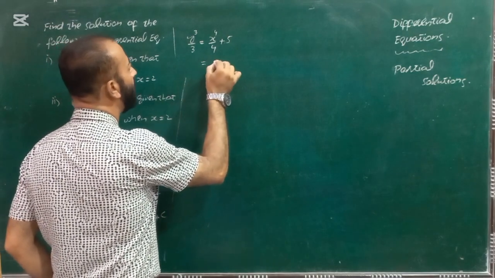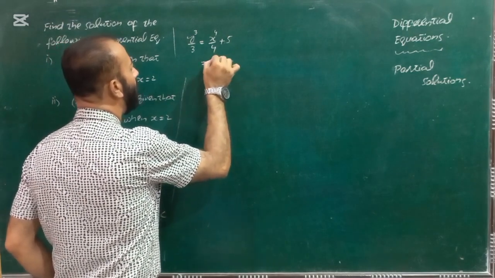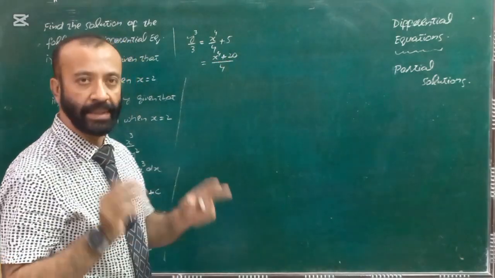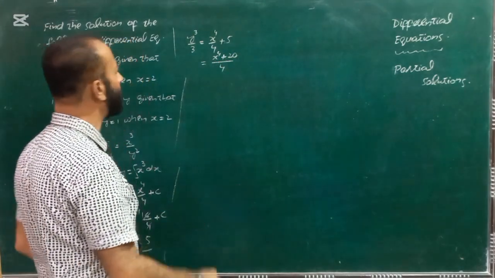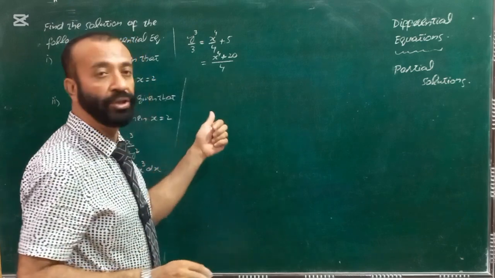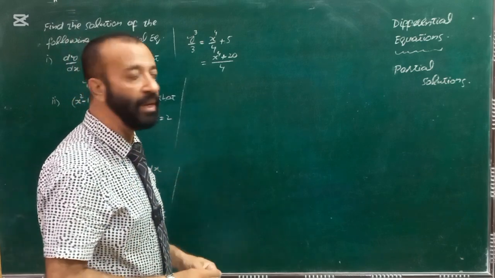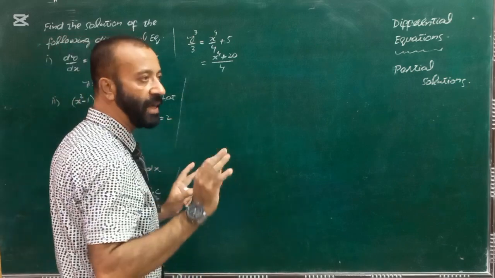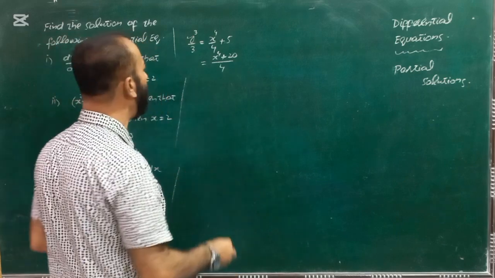Right side will become x4 plus 20 over 4, because the last step is express y in terms of x. So that is the must step. If you leave the question incomplete, full marks will not be awarded to you. So you have to complete the question. The last step is express y in terms of x.